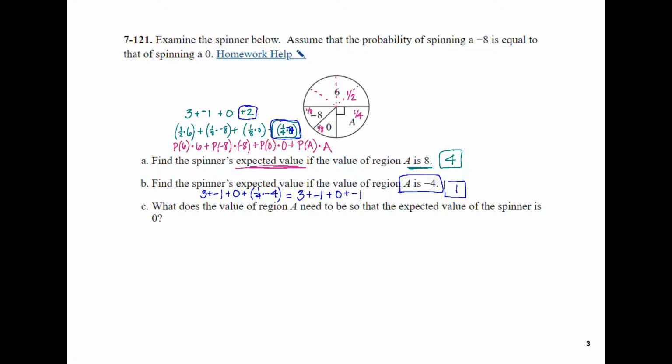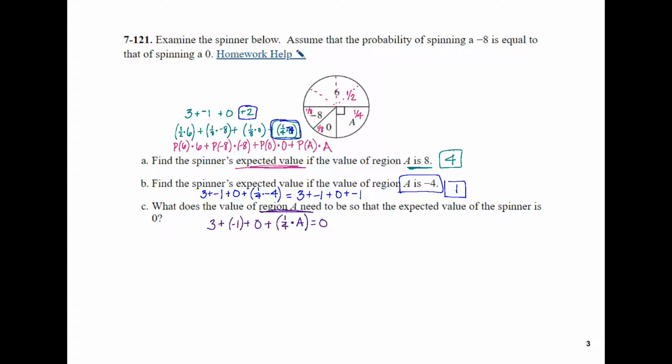What does the value of region A need to be so that the expected value of the spinner is 0? So if we set this up, we have 3 plus -1 plus 0 plus 1/4, because that's the probability of section A, times what region A needs to be, and we're going to set that equal to 0.